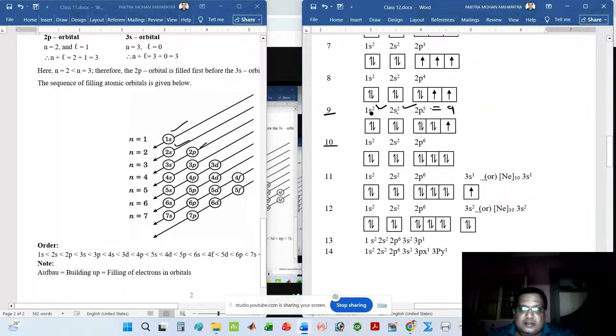Look at that. You can also draw the electron configuration in terms of boxes. Here one box, two electrons, one clockwise, another anti-clockwise. Here 2s has two electrons, so I can write like this. One is clockwise, another is anti-clockwise. Similarly for 2p, 3 orbitals are present here: 2px, 2py, 2pz.